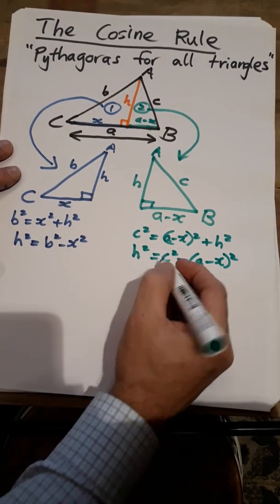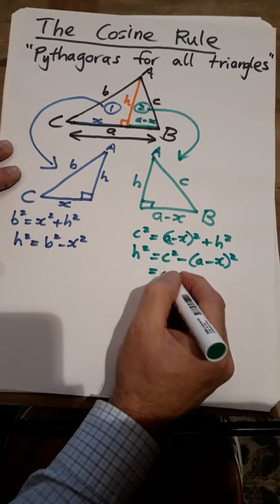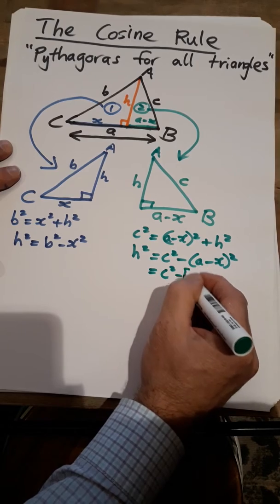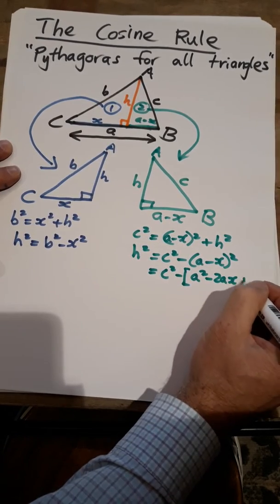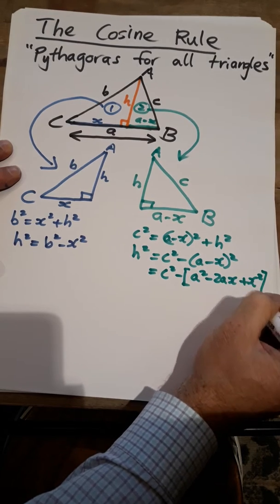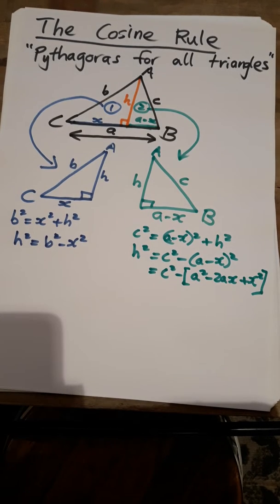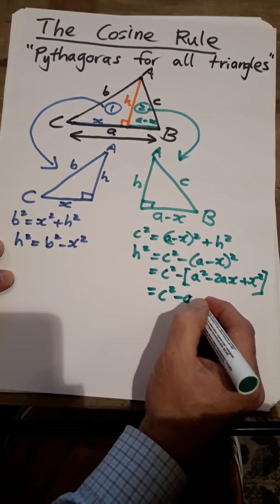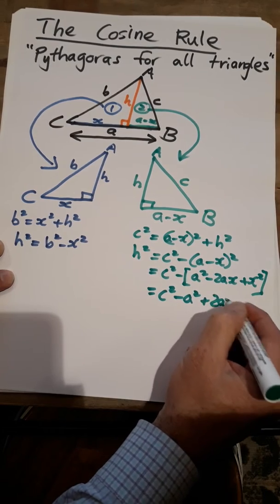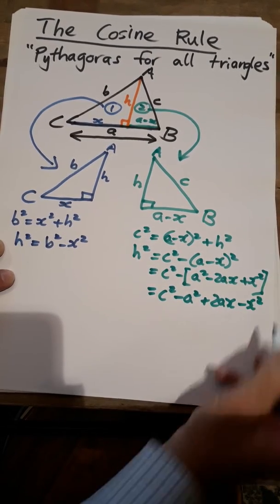Maybe I'll expand this before I continue. That's c squared minus a squared minus 2ax plus x squared. I just used the normal expansion for a binomial to do that one. The next thing that I might do is just get rid of the brackets, minus a squared plus 2ax minus x squared.